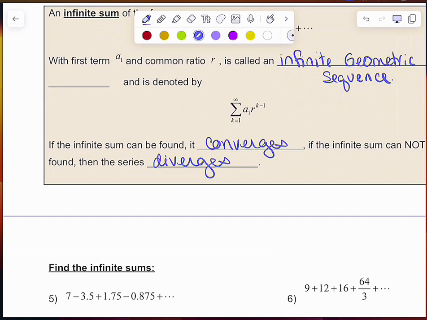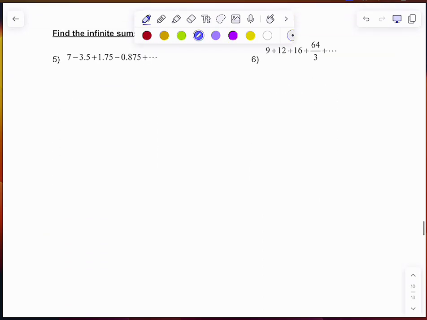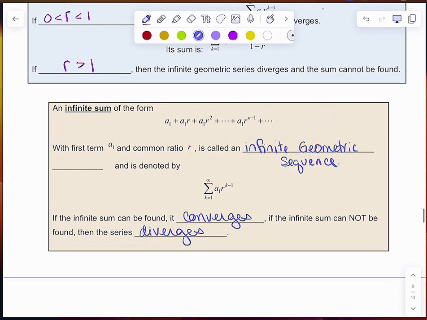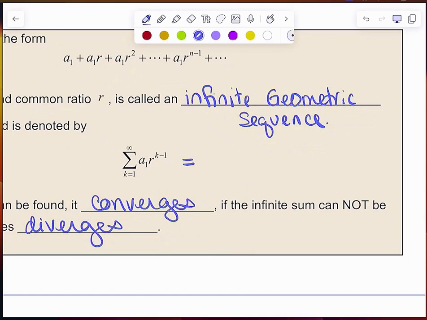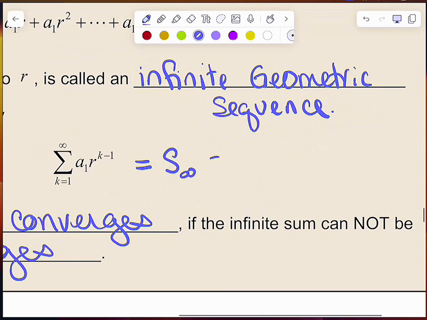We're going to say that it converges or it diverges. And I don't know why there's not a spot for it, but there is a formula for an infinite sum. The sum to infinity is the first term divided by 1 minus r, the common ratio.